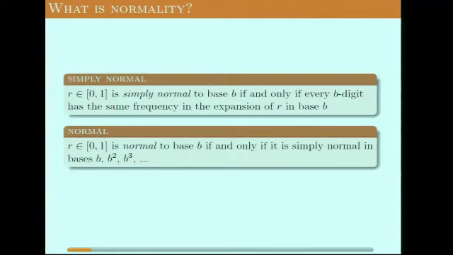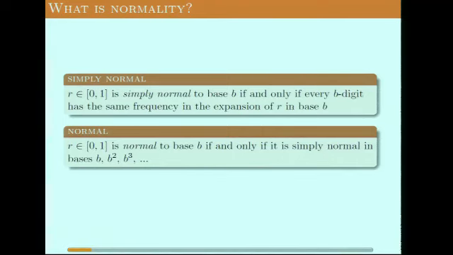So first, this is one possible way to define normality. Normal numbers or normal sequences are sequences that are statistically balanced. We first define simply normal: every digit has the same frequency for all digits, and they all converge in the expansion of the real number. And for normal numbers, we ask that they are simply normal in every power of the base.